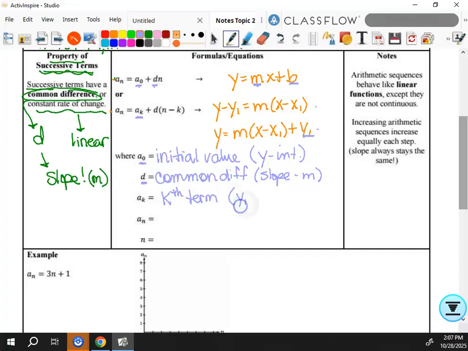That's just your y1. That's the y value that you know. Because when we write the equation of the line, the x1 and y1 is the ordered pair that we actually know and that we're using. Okay. Then a sub n, that's right here, right? That is just your output, which is your y.